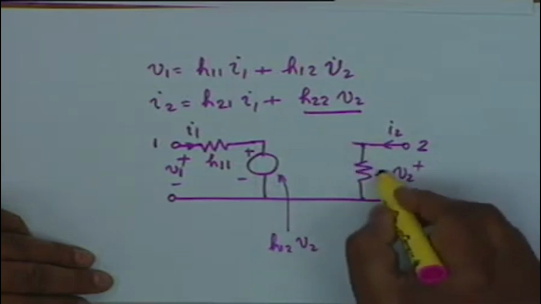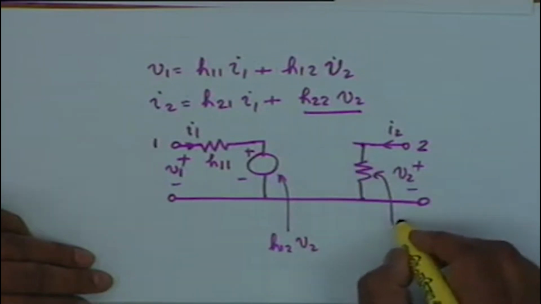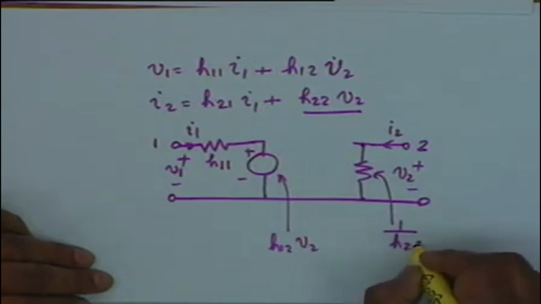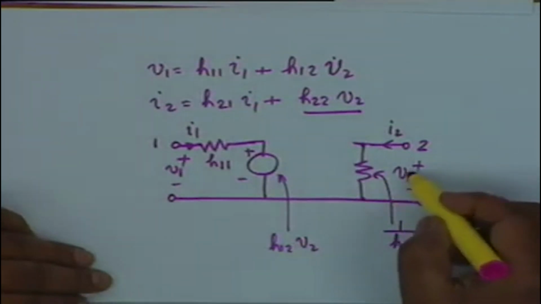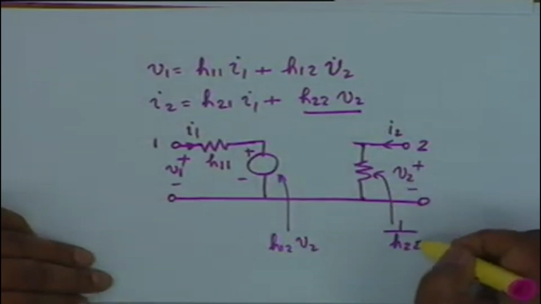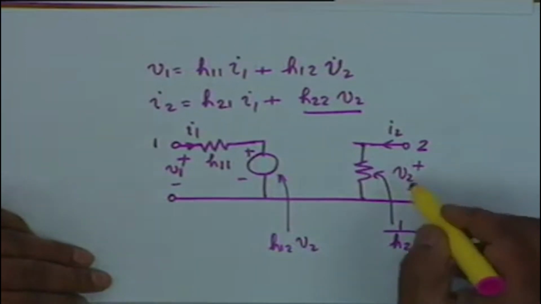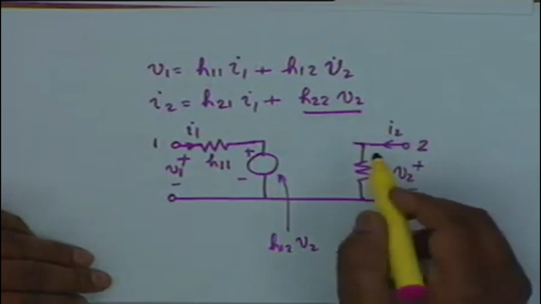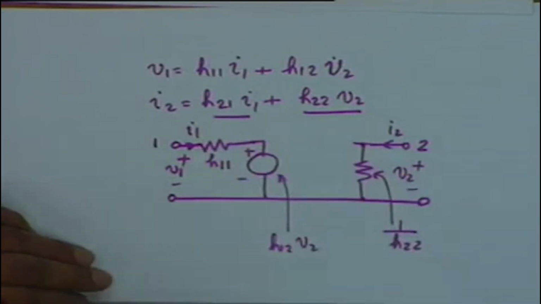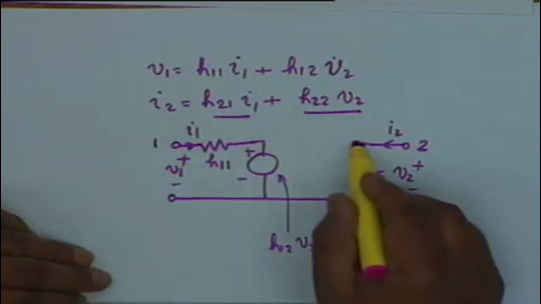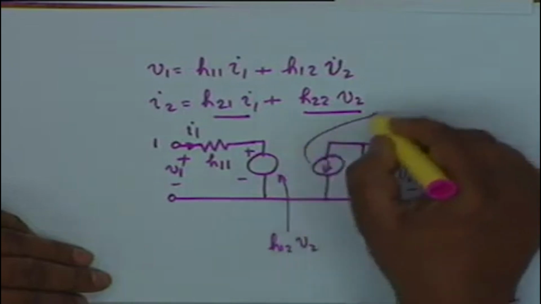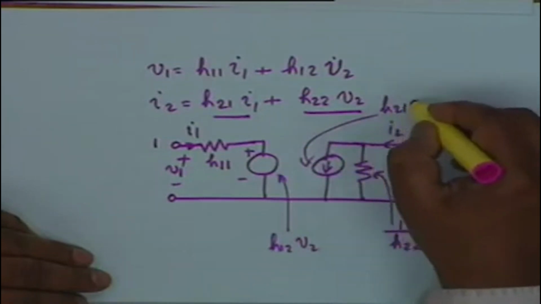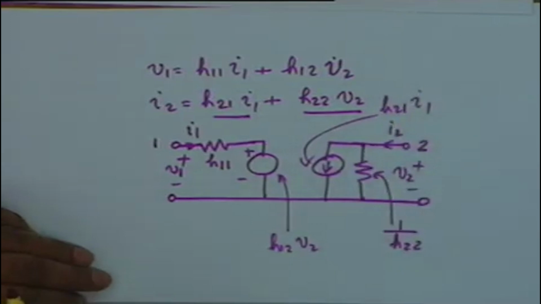One flows through a resistance of value 1 over H22, so that H22 is its admittance. So V2 H22 is the current and the other current is H21 I1, once again can be represented by a current generator, a dependent current generator, a current controlled current source. This is H21 I1. All right.